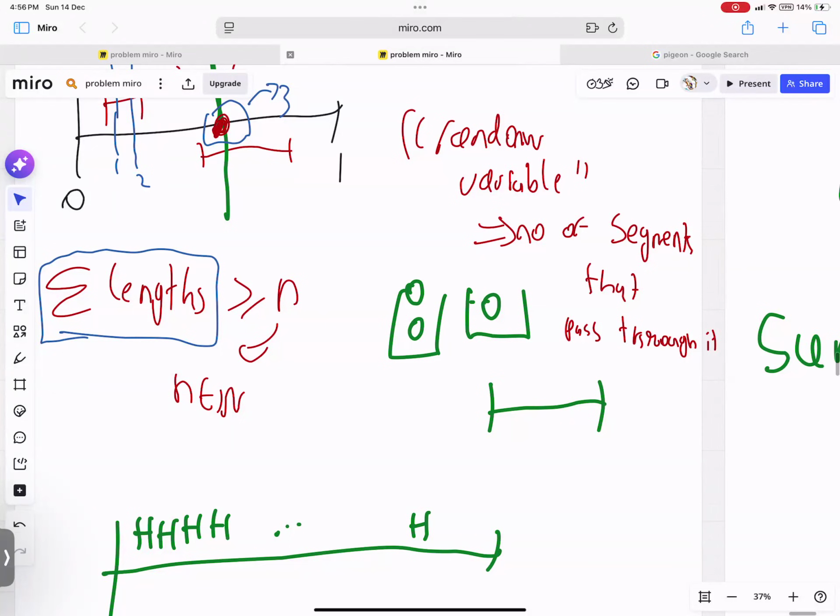But now the only way we can actually formalize that the expected value is n is with integration. That should be sum of lengths. Actually, no, you don't need integration for this proof. The reason it's at least n is linearity of expectation, because you can add up each interval's contribution. Is this clear to everyone?